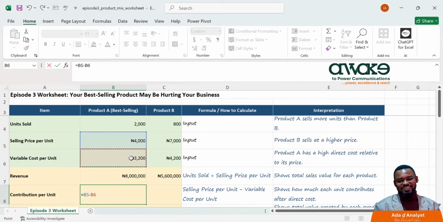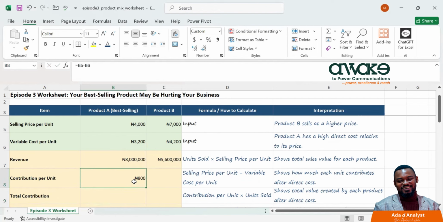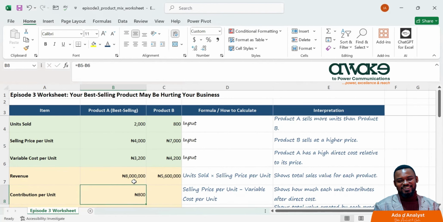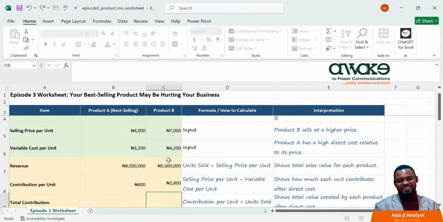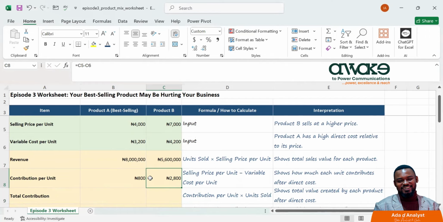We press enter, and it's 800. That is the contribution per unit for product A. What about product B? We say equals the selling price, 7,000 per unit, then minus the variable cost, which is what it costs us to make that unit. You see, it's 2,800.